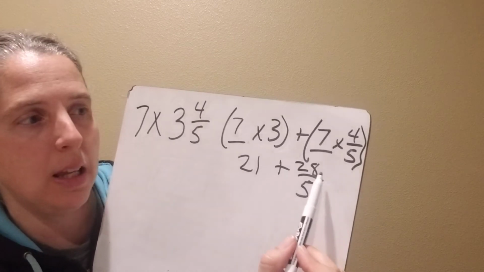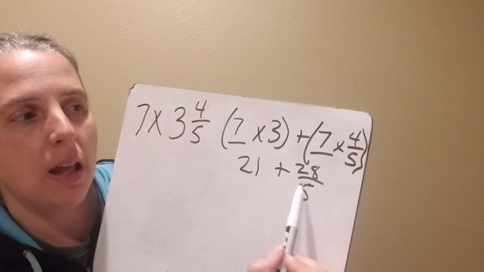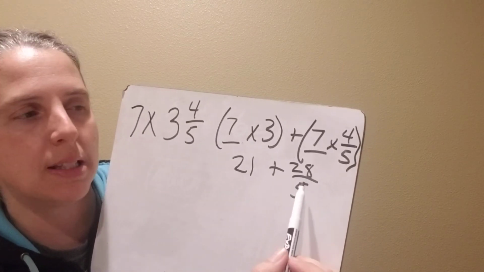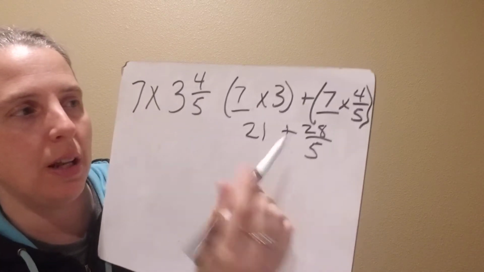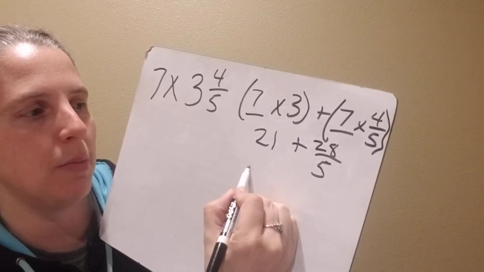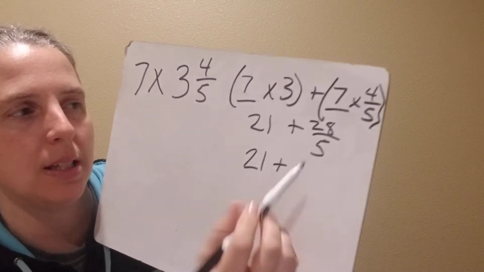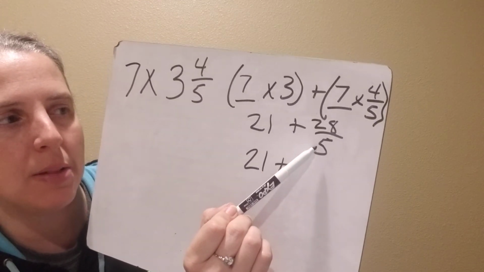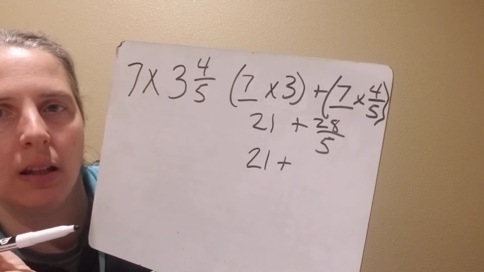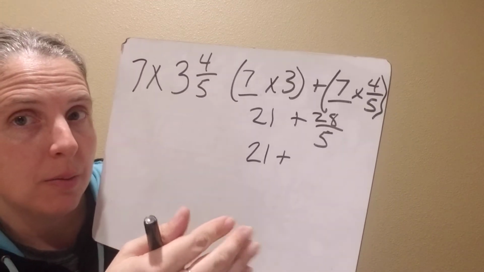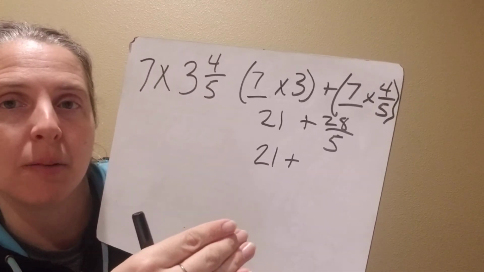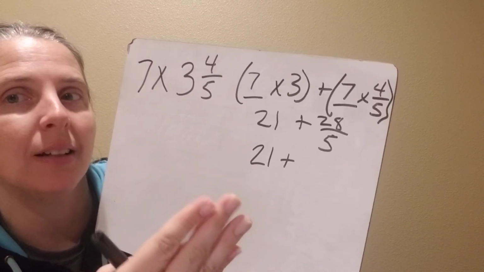You can either, right here, turn this into the mixed number and set it to the side with an equal. I'm going to put it underneath because I still have this 21. So I'm going to do 21 plus, and then what's this? How many times can 5 go into 28? Well, 28 is almost 30, so it can almost go in 6 times. Almost 6 is 5.